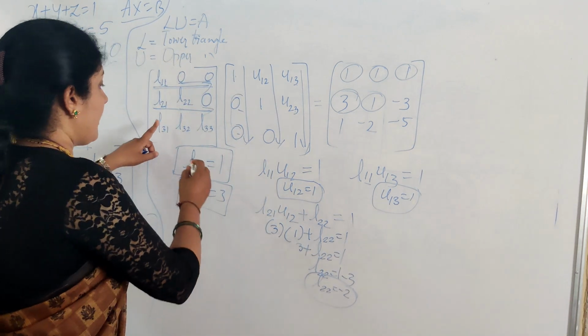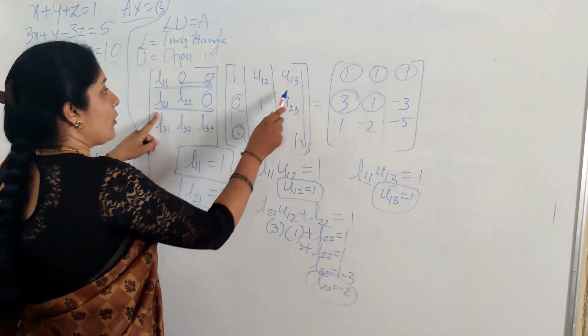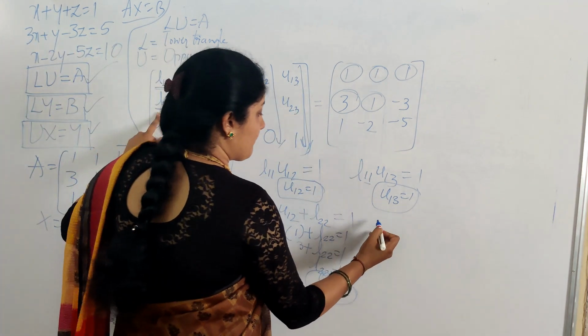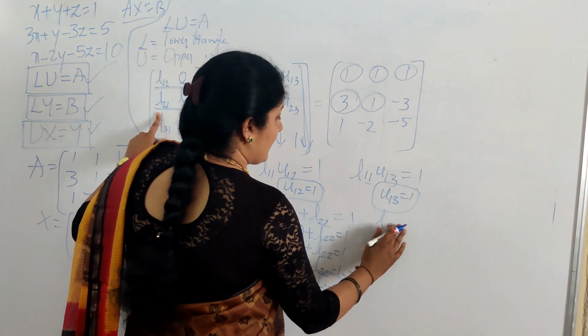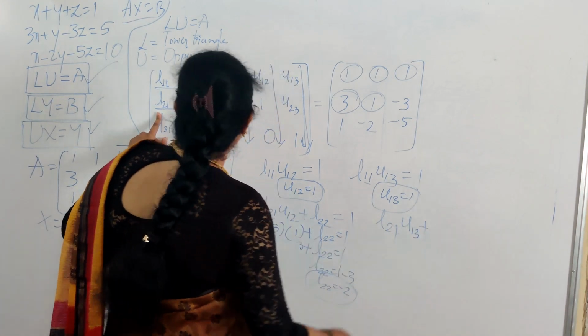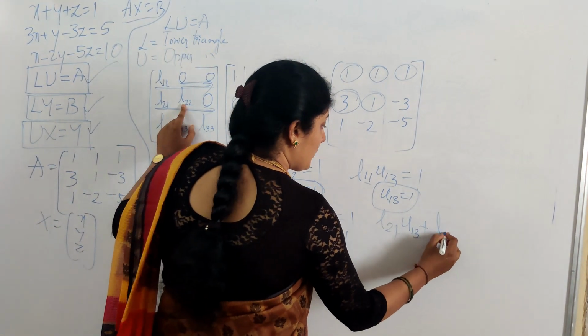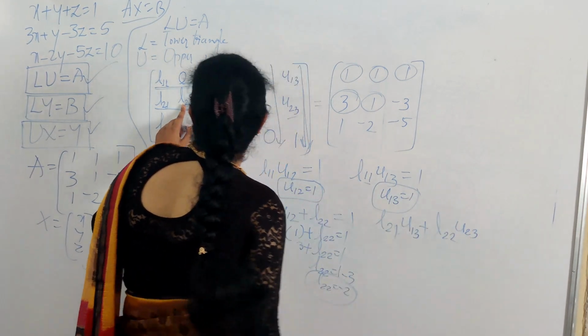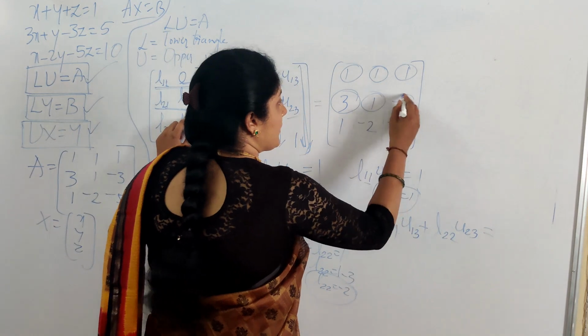Next, second row with third column, that is L21 into U13 plus L22 into U23, which is equal to minus 3.